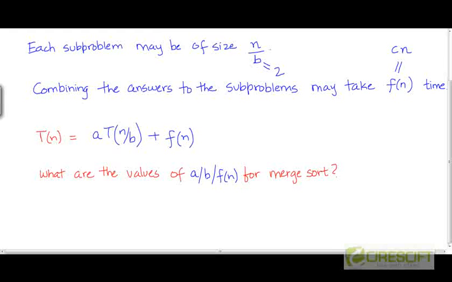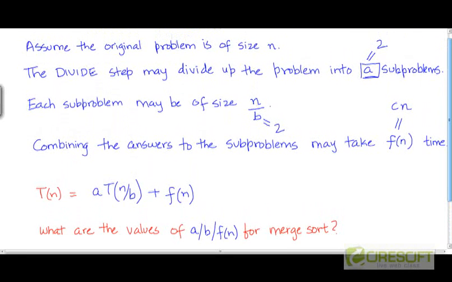We are now going to look at a bunch of examples of recurrence equations of this sort to familiarize ourselves with how we can go about solving such recurrence equations.